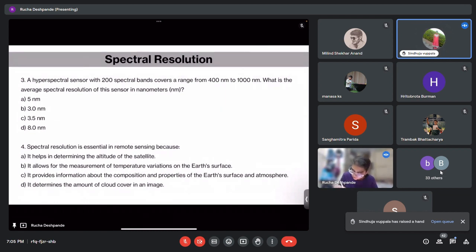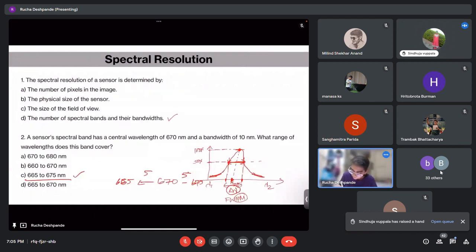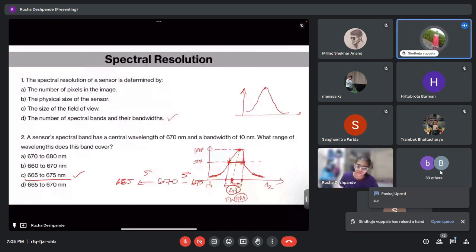So, as far as I know, you can detect the point with highest intensity, right? This is your 100%. Then you find 50% and draw a line parallel to the x-axis.